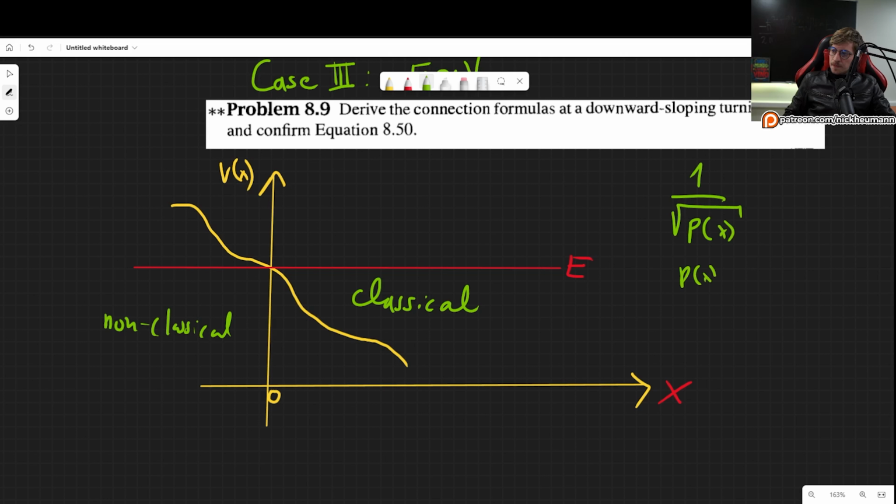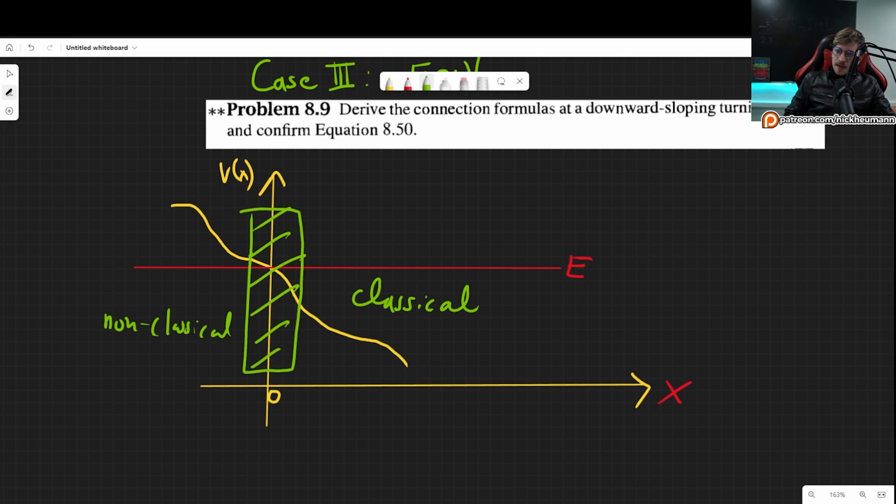And the momentum is the square root of 2m(E minus V) or (V minus E). But since they're going to be the same, it blows up. It goes to 0, and this thing is 1 over 0, and that just doesn't work. So for that reason, we will come out with this new region, which we will call the patching region, and we will find a wave function called the patching wave function.